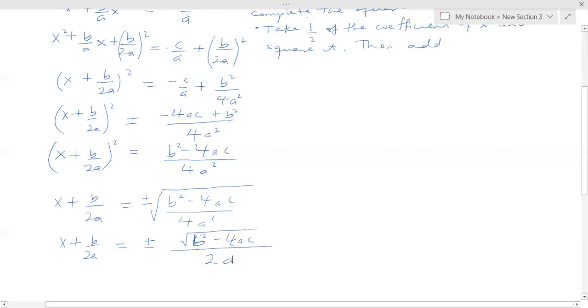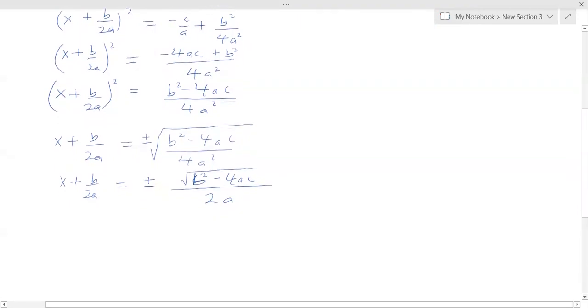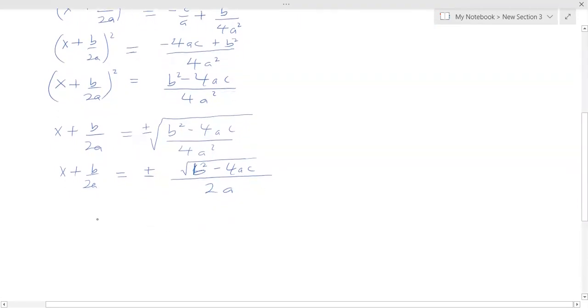So to get x by itself, I have to subtract b over 2a from the left side. So I just have x is equal to, subtract the same thing from the right side, negative b over 2a plus or minus the square root of b squared minus 4ac all over 2a.